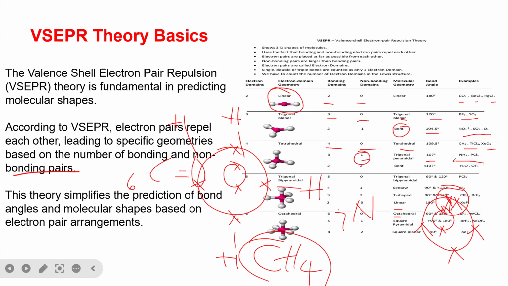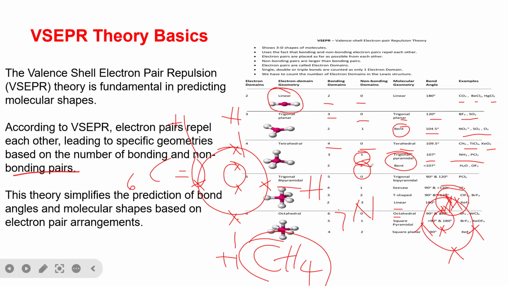And that is why the tetrahedral shape is not maintained, it is now changed to trigonal pyramidal. Also in the case of water and OF2, you see there are 2 non-bonding pairs. If you take oxygen, you will see that oxygen has 2 lone pairs of electrons, or 2 non-bonding pairs of electrons. That is why the shape of the water molecule is bent or V-shaped.